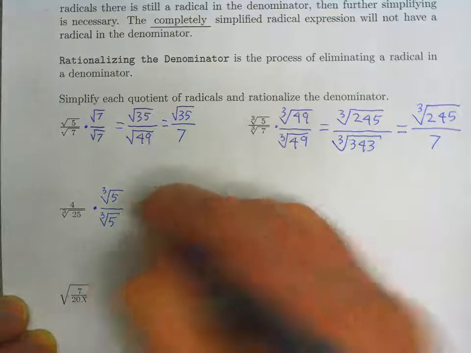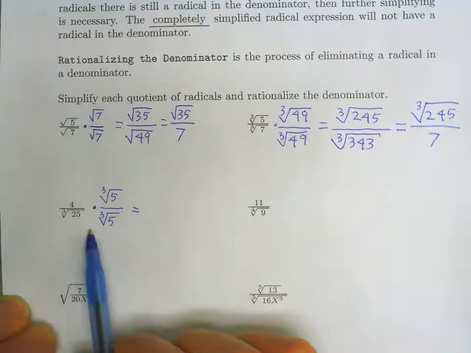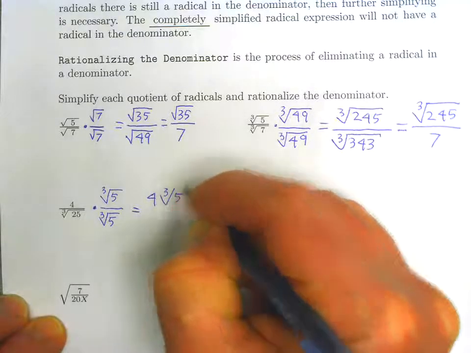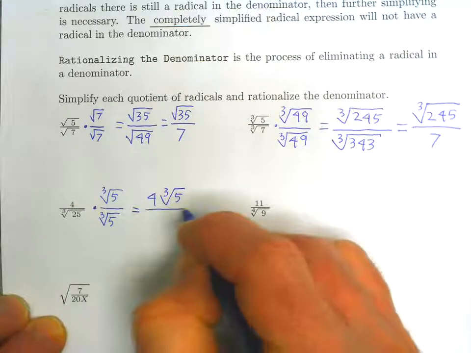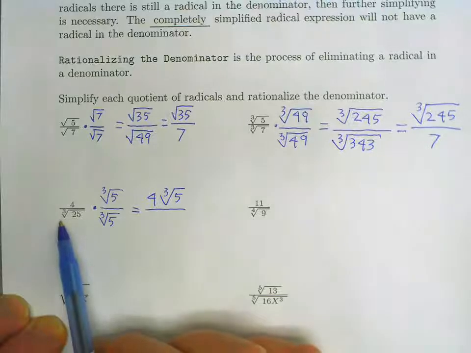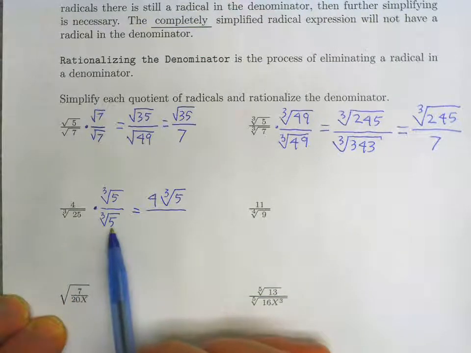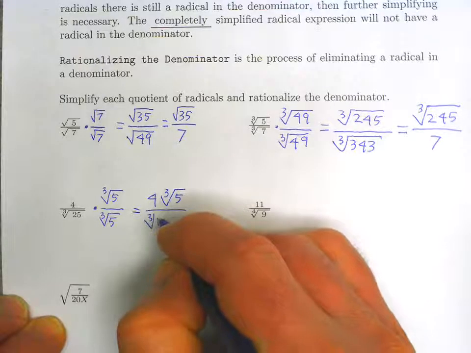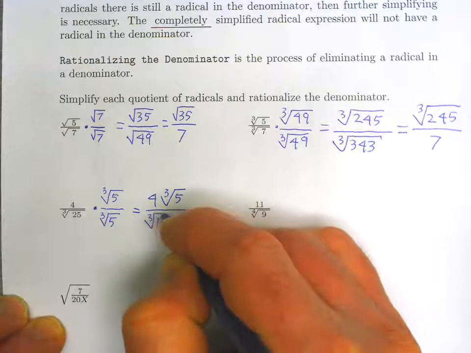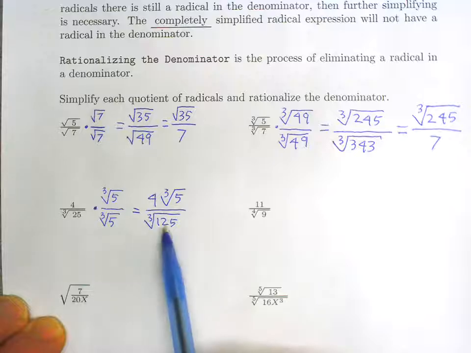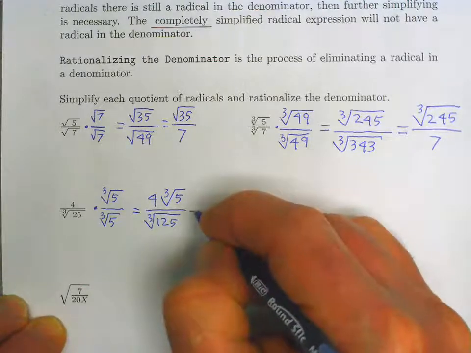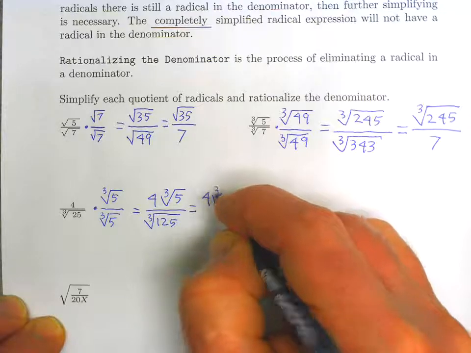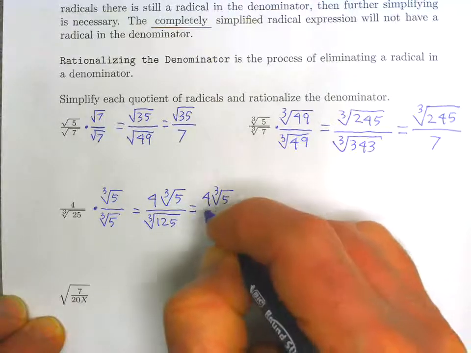Okay, so in the numerator, 4 times the cubed root of 5 is 4 times the cubed root of 5. And in the denominator, the cubed root of 25 times the cubed root of 5 is the cubed root of 125, because 25 times 5 is 125. But then the denominator simplifies further, because 125 is a perfect cube.